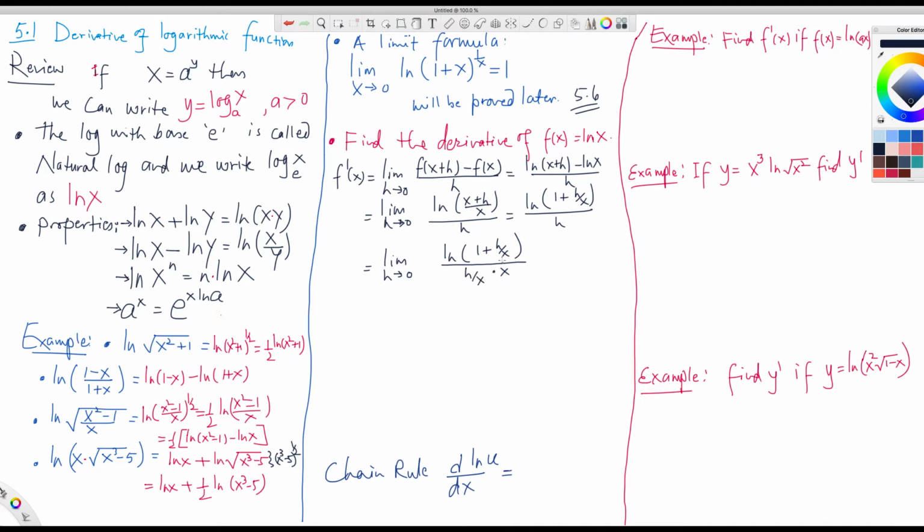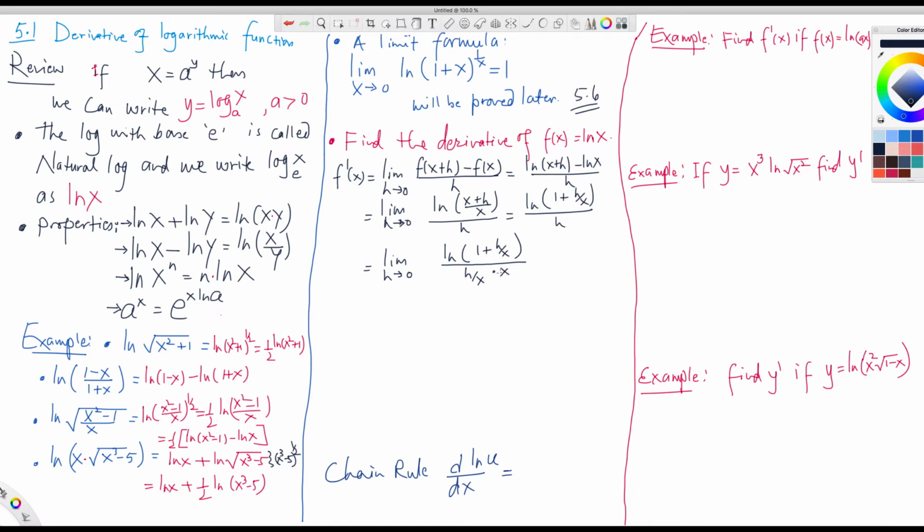What did I do here? Because I want to match that. Since I got h over x inside the log, inside the parenthesis, I want to get exactly the same thing. You will know why I want that later, okay? But for now, since there is just h in the denominator, I just divided by x and then multiplied by x, assuming that x is not equal to 0, okay?